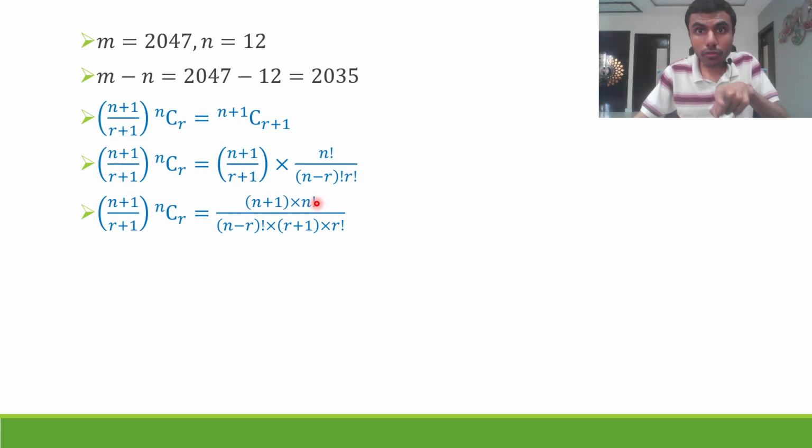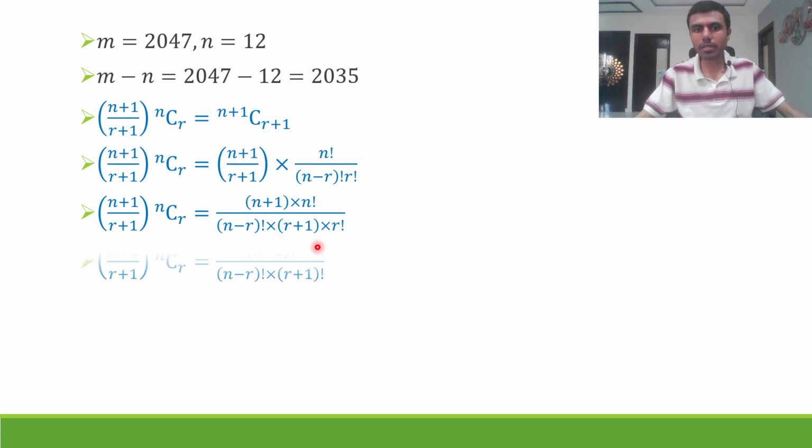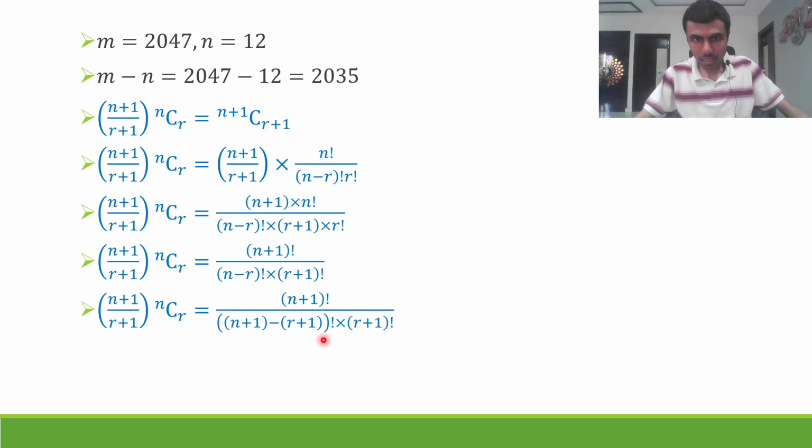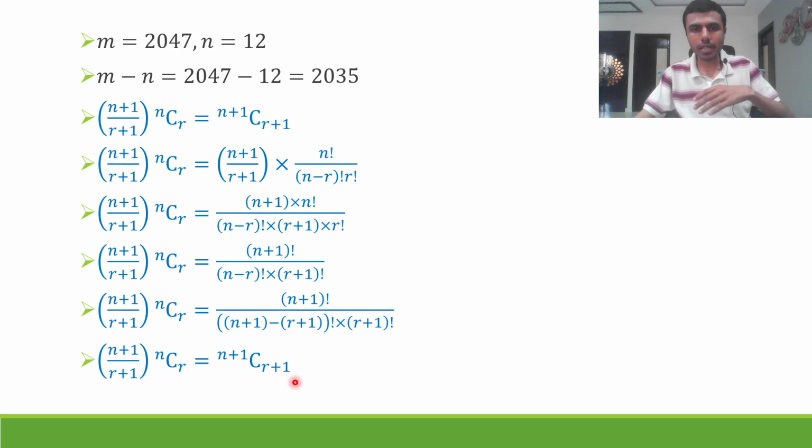What is n plus 1 into n factorial? It is nothing but n plus 1 factorial. This one will become r plus 1 factorial. Now I have n plus 1 factorial and r plus 1 factorial. This one I can write as (n plus 1 minus (r plus 1)) factorial. So this entire thing is nothing but n plus 1 C r plus 1. That is why n plus 1 by r plus 1 into nCr is this.